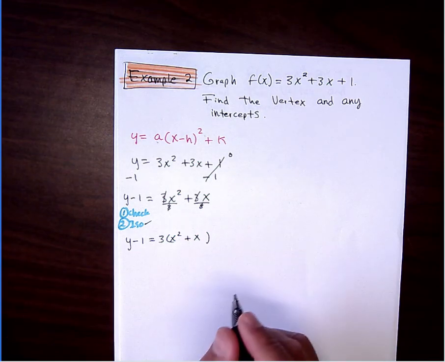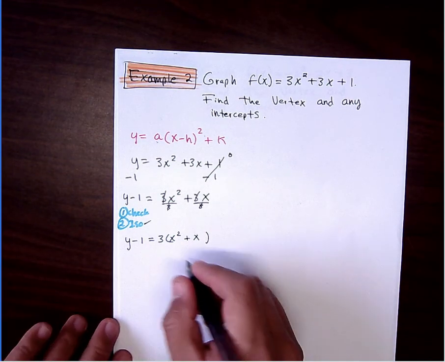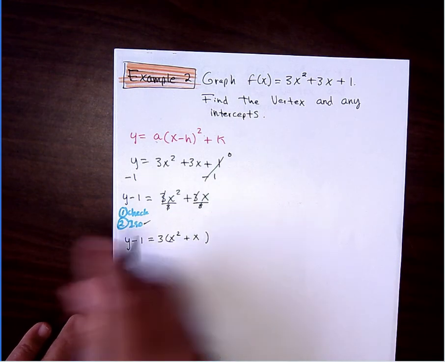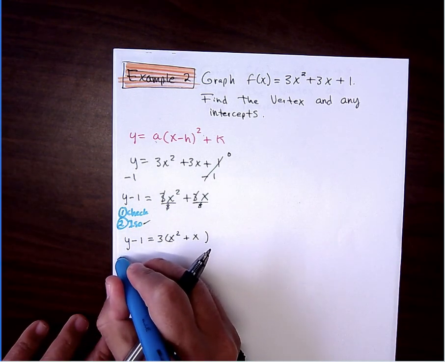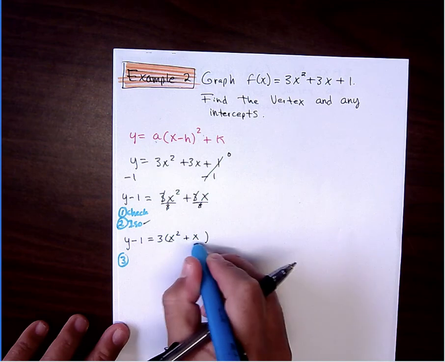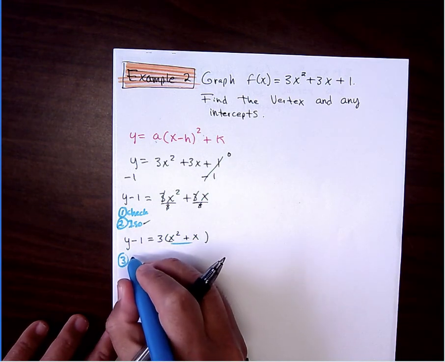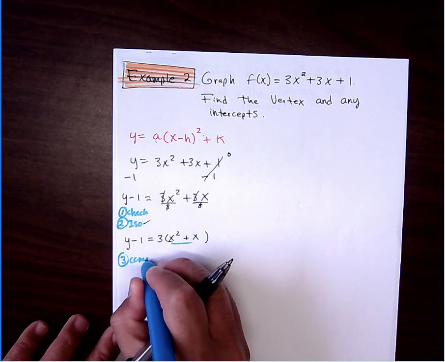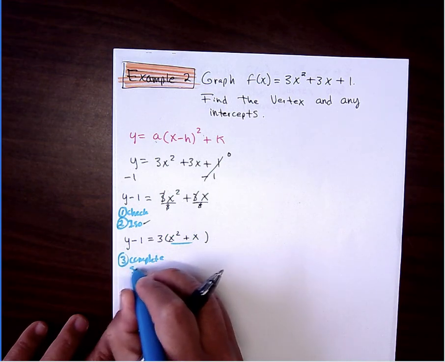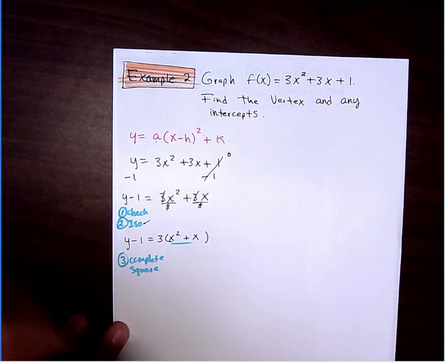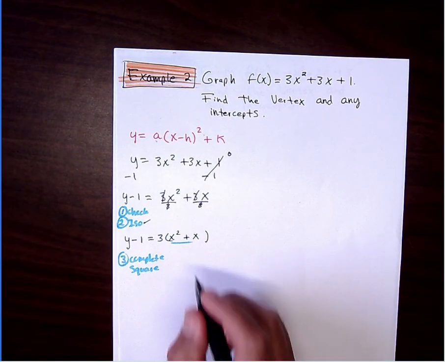Okay. So now this is where we complete the square of this part. So it has two steps.